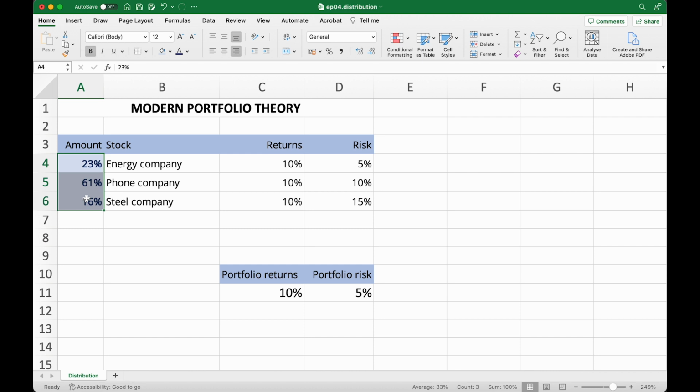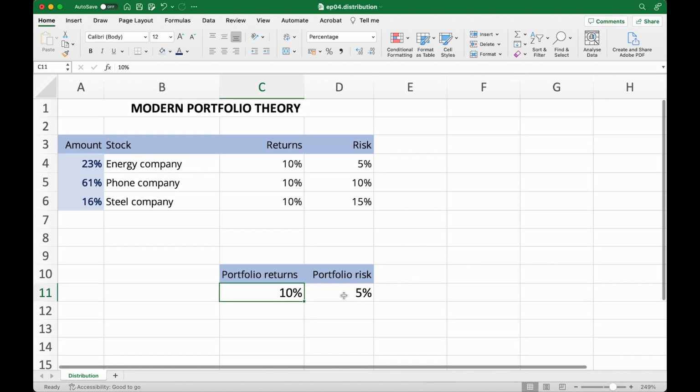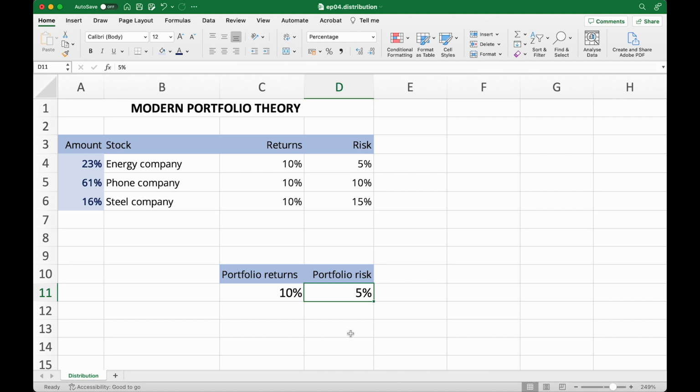So if we do this distribution, then we might end up with still 10% portfolio returns, but perhaps 3.5% risk. And that is what is really interesting with this, that you can optimize the distribution among your stocks. So you get the same returns, or perhaps even better, or maybe a little worse, but much lower risk. And this is with 3 stocks.